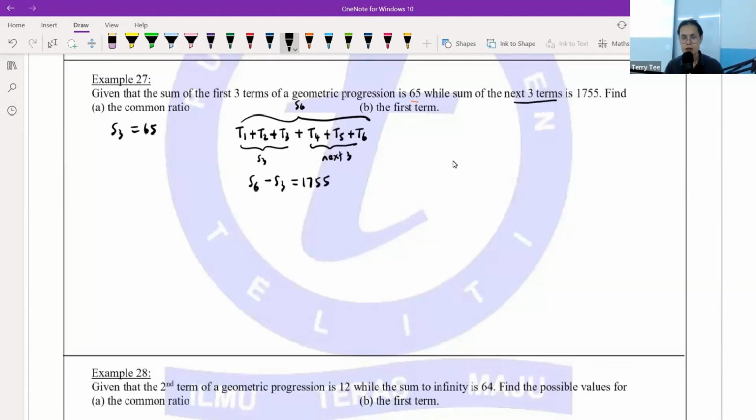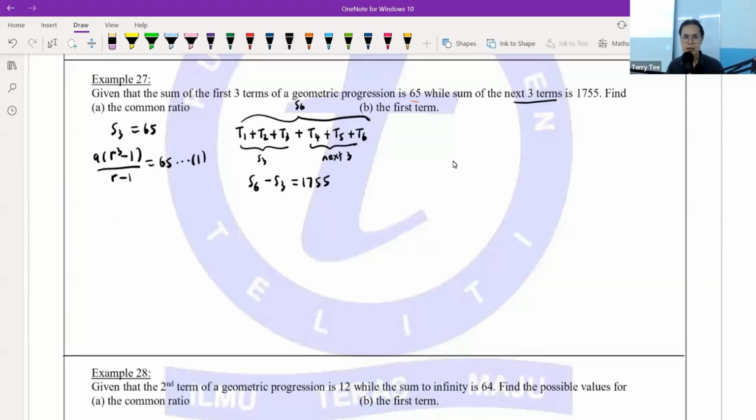For S3, we use a(r power 3 minus 1) over r minus 1. Some of you may ask, should I use 1 minus r power 3? Actually, you can use either, because in geometric progression you have two versions. For r less than 1, we use this one. For r more than 1, we use the first one. It doesn't matter, we can use any.